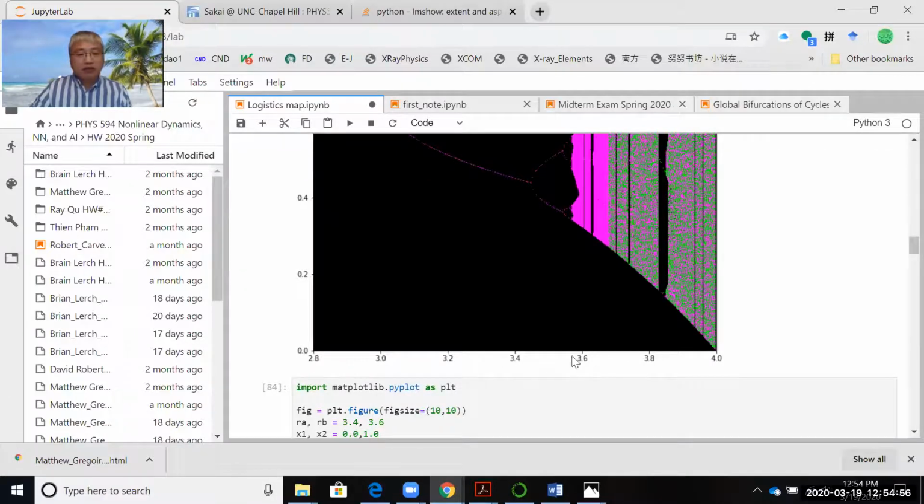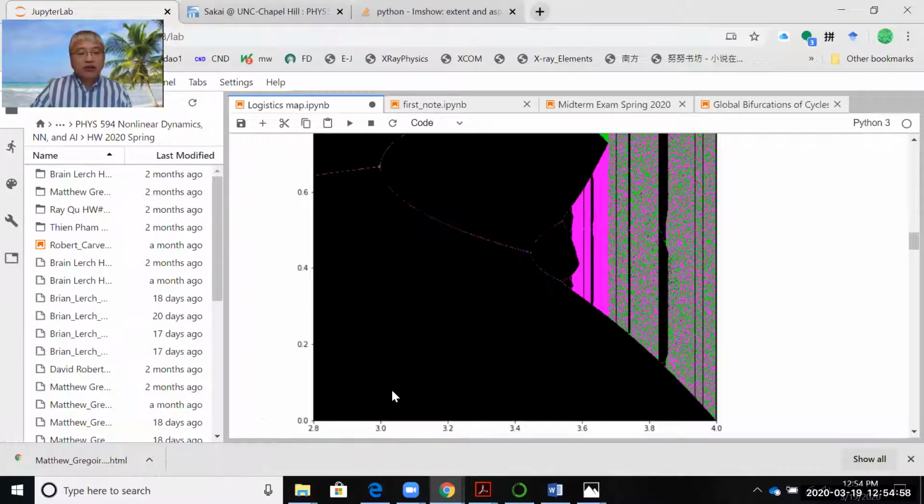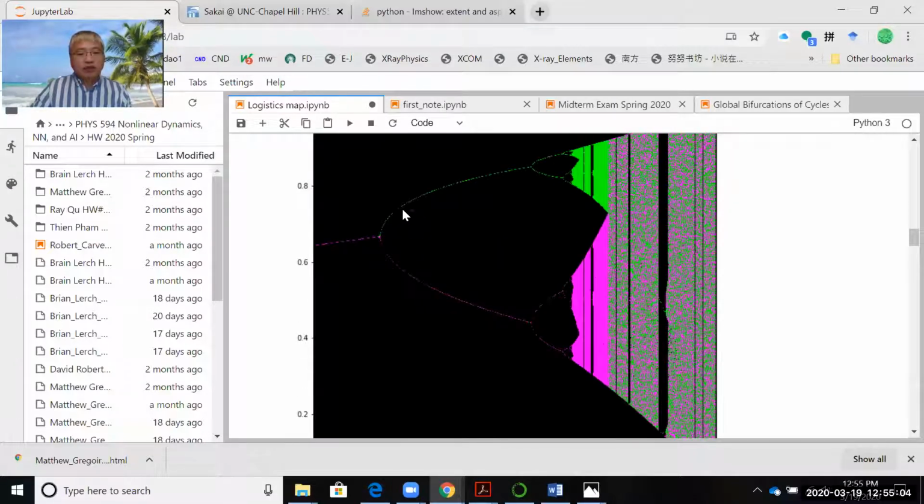If r is less than 3, there's only one stable fixed point. If r is greater than 3, then I get period doubling. So the value basically keeps jumping between these two. The color in this graph is labeled by even and odd iterations, so one color is even, one color is odd. Basically that means it keeps jumping between these two.